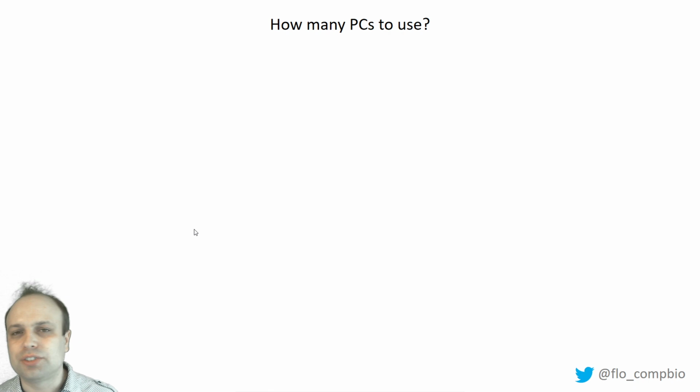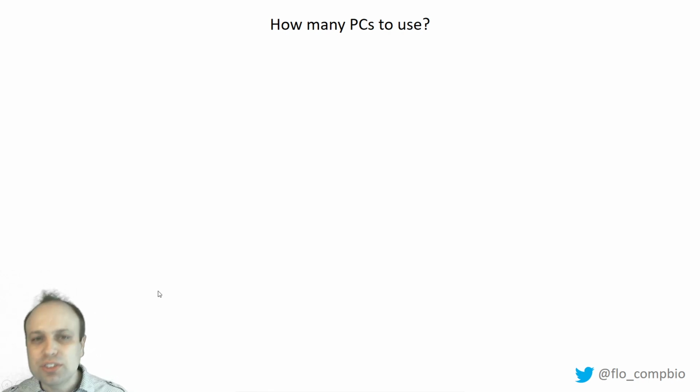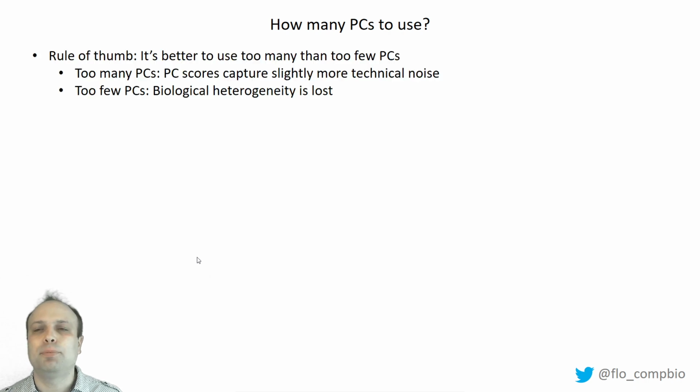Onto the question of how many principal components you should use. That's not an easy question to answer, but the good thing is you can get away with approximating it fairly well in many cases. My rule of thumb is that it's better to use too many than too few principal components.